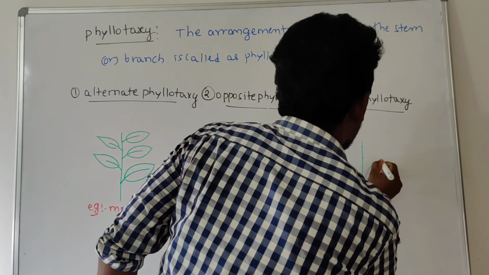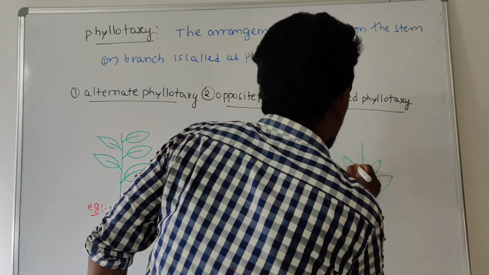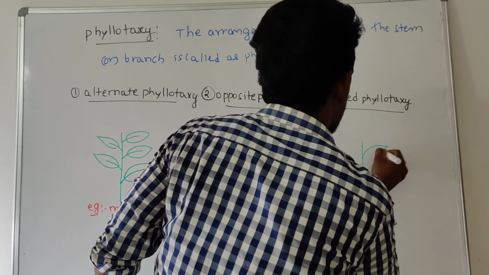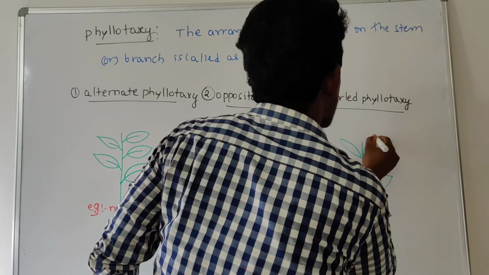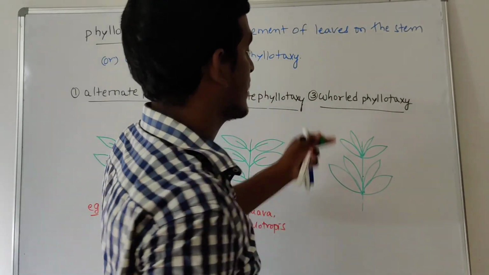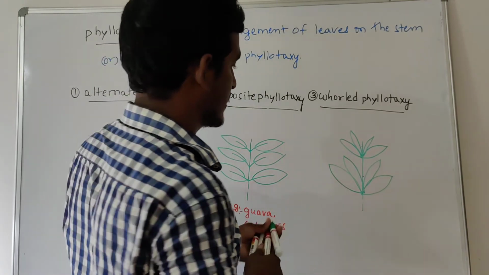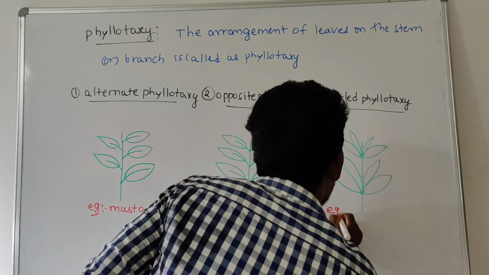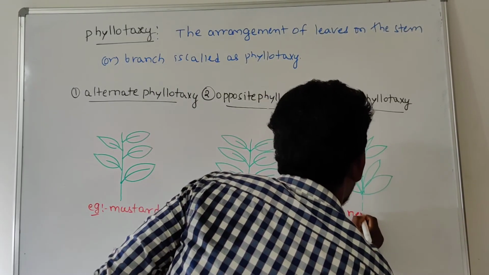At every node, it will produce more than two leaves in a whorled manner. So this type of phyllotaxy we call whorled phyllotaxy. Examples for whorled phyllotaxy are Nerium and Alstonia.